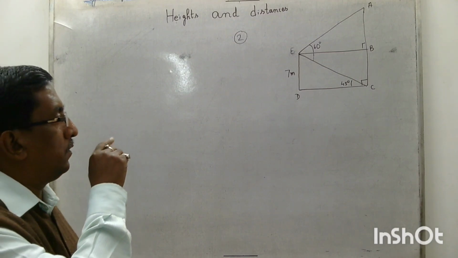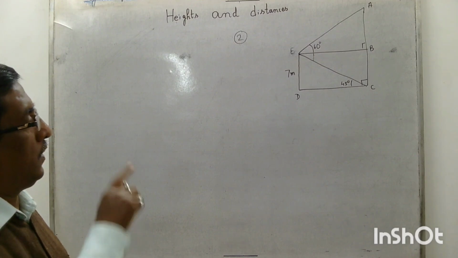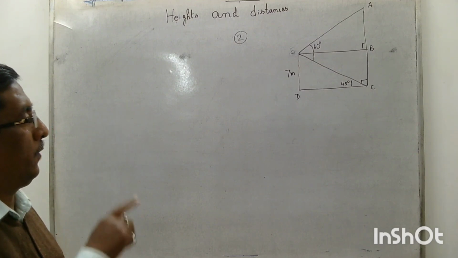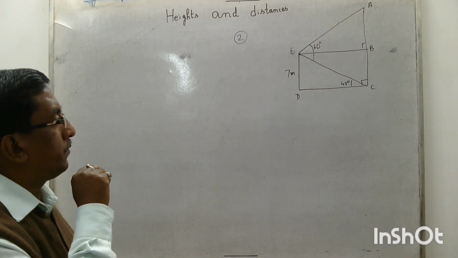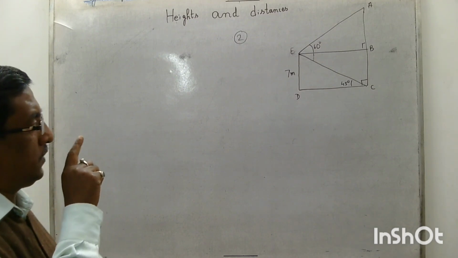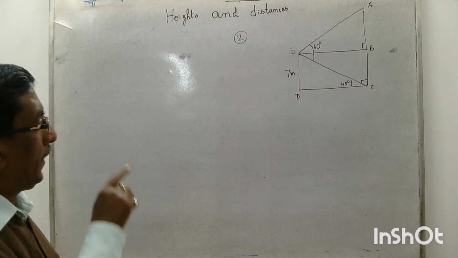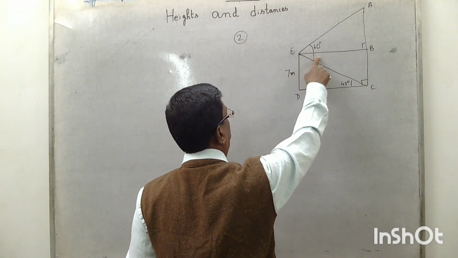Someone from the top of the high building observes the top of the cable tower and the angle of elevation is 60 degree. At the same time, he observes the foot of the cable tower at an angle of 45 degree, which is called angle of depression.